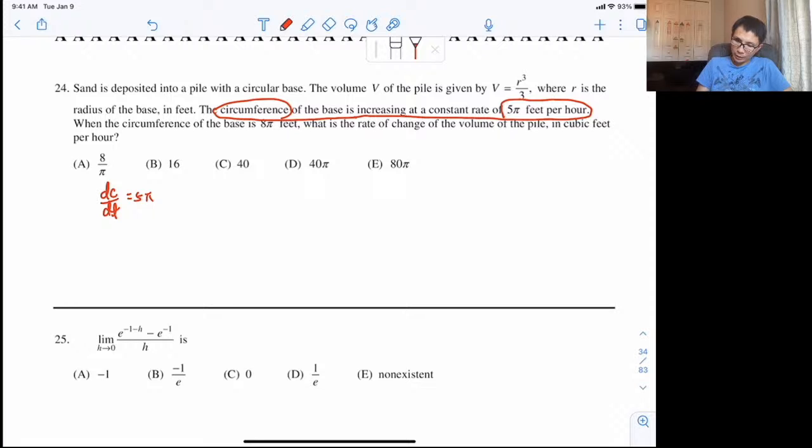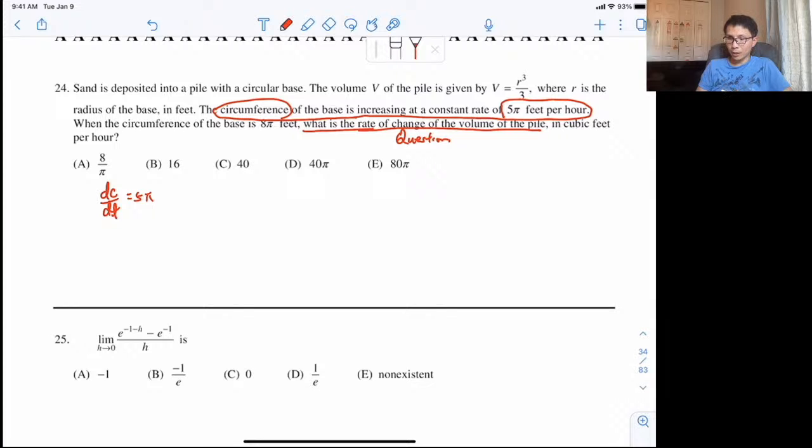So how do I write it in terms of calculus? The circumference is increasing at a constant rate, so that's dC/dt.